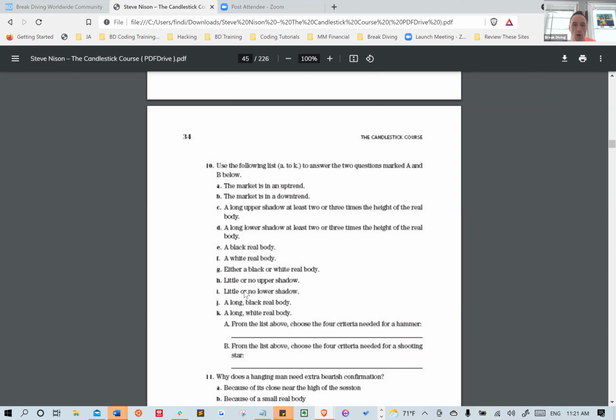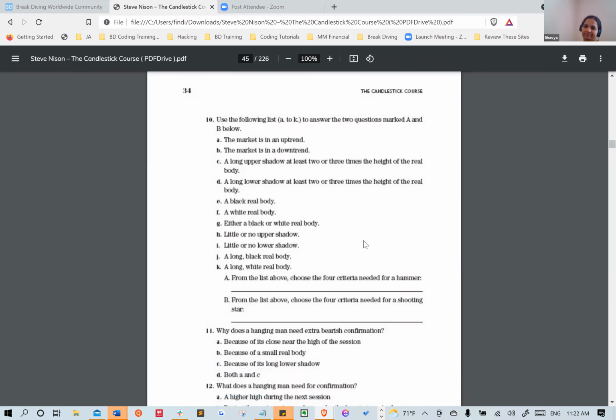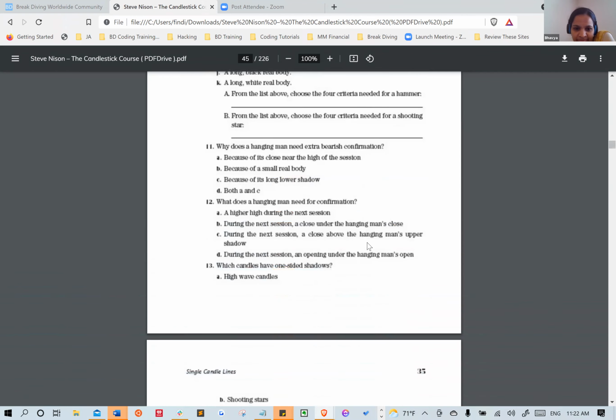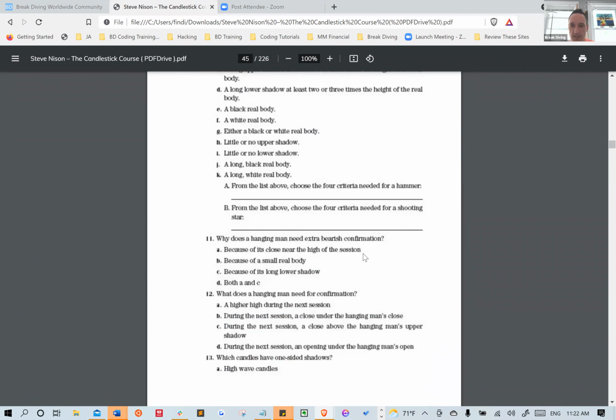That's right. Find one more. G, either black or white real body, and a long upper shadow at least 2 or 3 times the height of the real body. Right. Oh, he's got a lot more questions. I'm exhausted. It's a tough test.